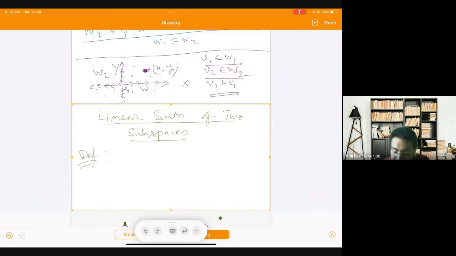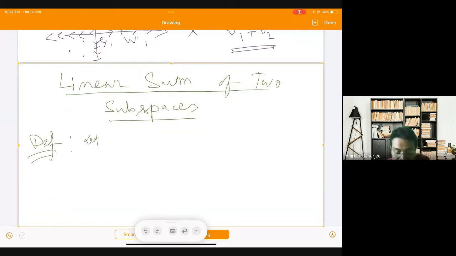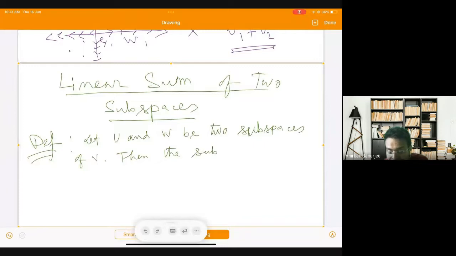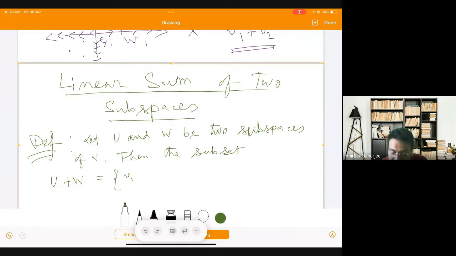The definition is, let U and W be two subspaces of V, then the subset U plus W equals... okay, let's write it with the same notation.